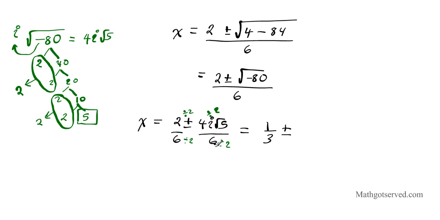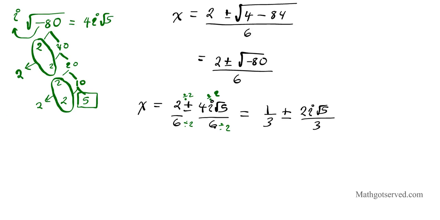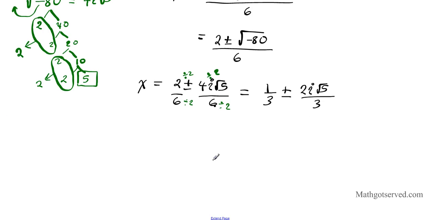So that becomes 2i root 5 over 3. Looks like it's going to be easy for us to find out what x minus 1/3 is. Why did I say that? We have x equals 1/3 plus or minus 2i root 5 over 3.